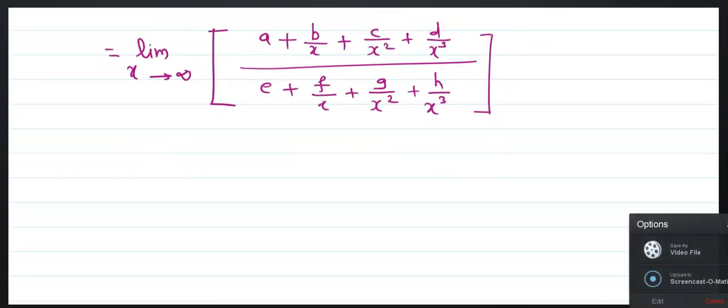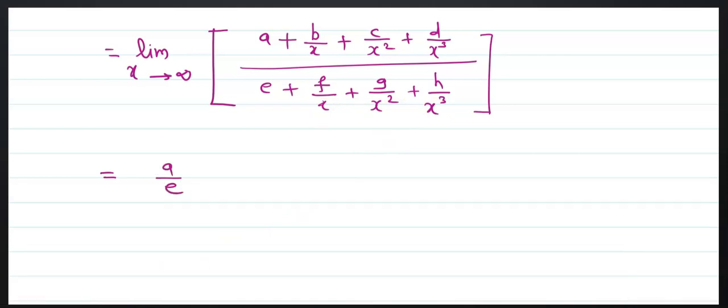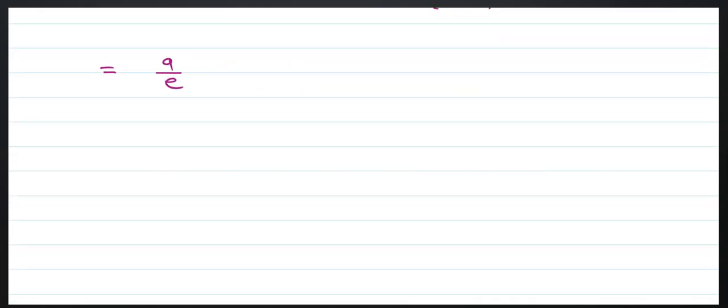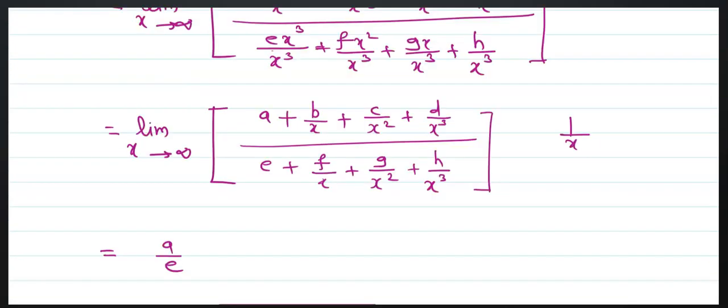Now as x tends to infinity, all these remaining quantities become 0, that is 1 upon a very large quantity, and that's why the answer is a upon e. Therefore, one upon x tends to 0 as x tends to infinity.